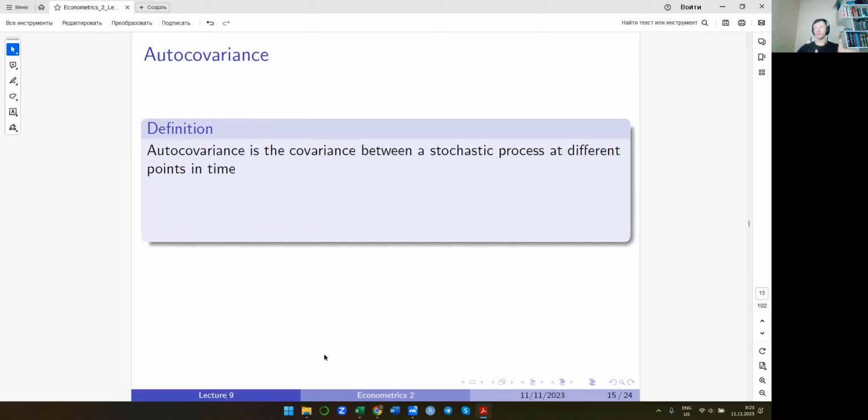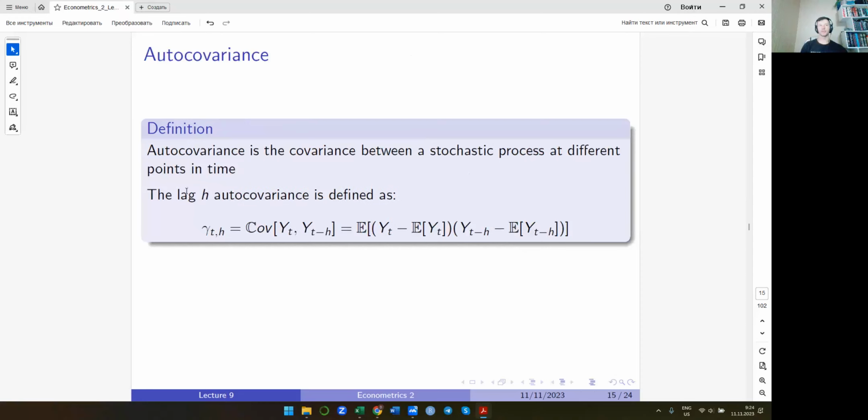So now, remembering what correlations and covariances are, we can build the concept of autocovariance and autocorrelation. Autocovariance is a covariance of a stochastic process at different points in time. For example, we can define the lag h autocovariance as the following. We denote this with gamma at the date t and h, which means h lags between the observation at t and the observation at t minus h.